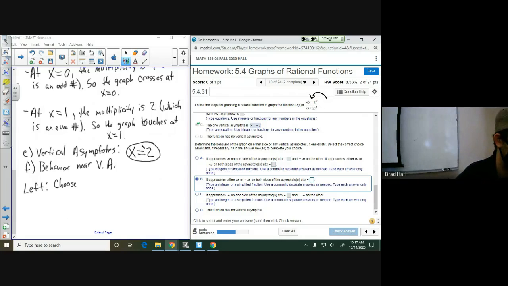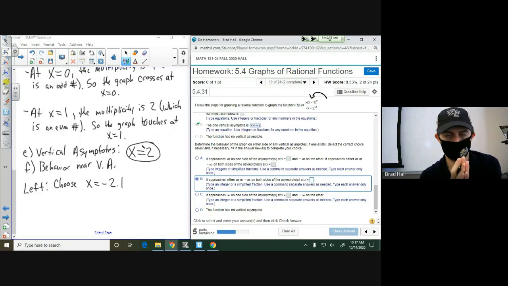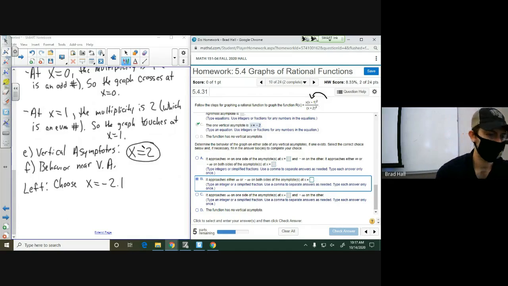I'm going to pick x is equal to -2.1, because remember, -2.1 would be to the left of -2. And we're going to plug this into every x.